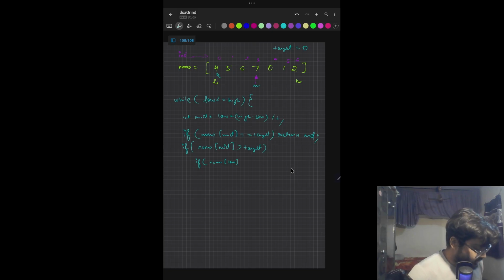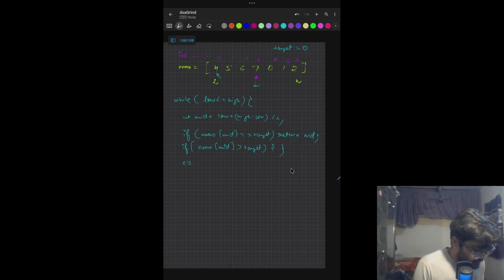Okay, back to the question. If the target value is inside this range, which here it is not, let's do the case where it actually makes sense. If it is greater than target, then something would happen.